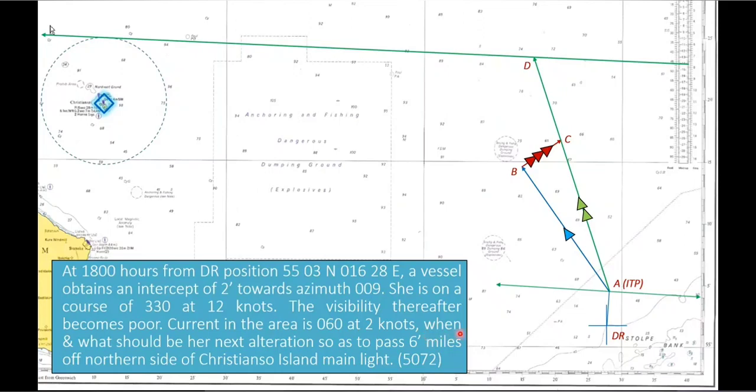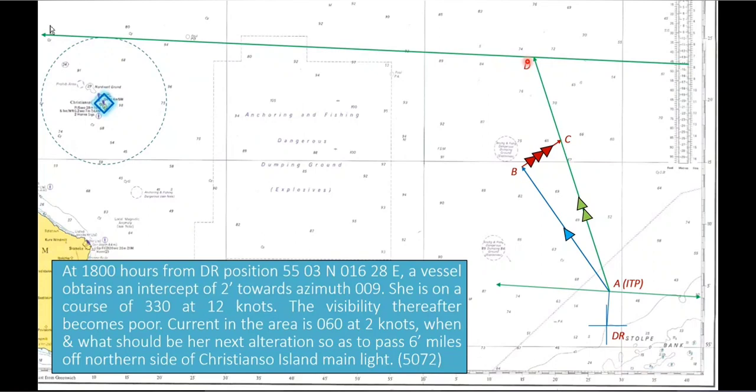They asked us when should be her next alteration of course. So once we know our ETA at Delta, we know the time when we should be altering our course.